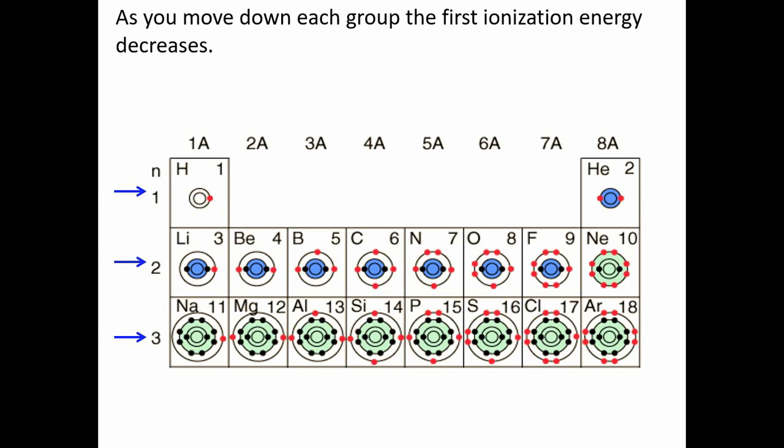And so, because it's being held less tightly, it's easier to remove that electron. The amount of energy required to remove that electron becomes less and less as you go down the group.